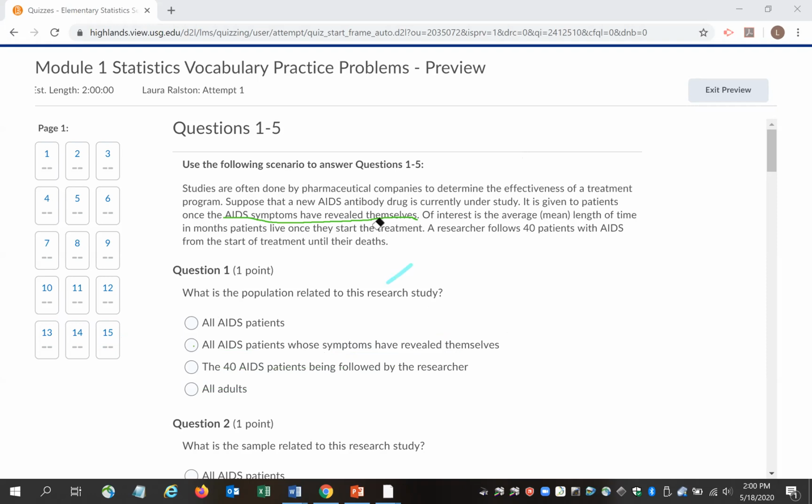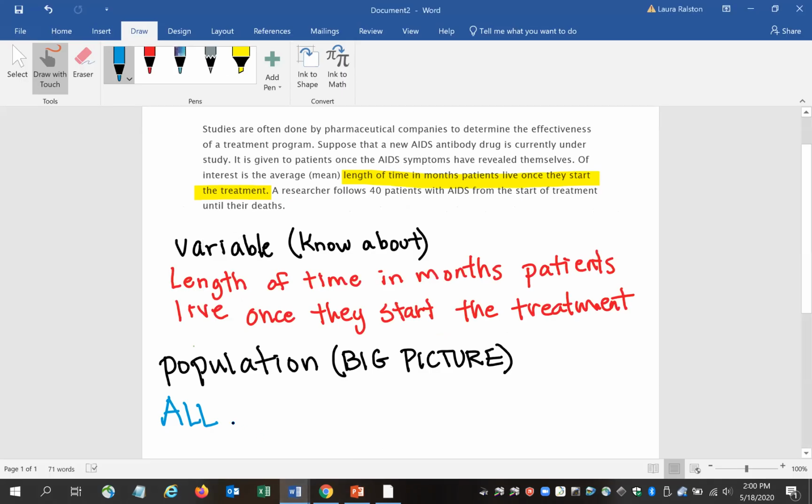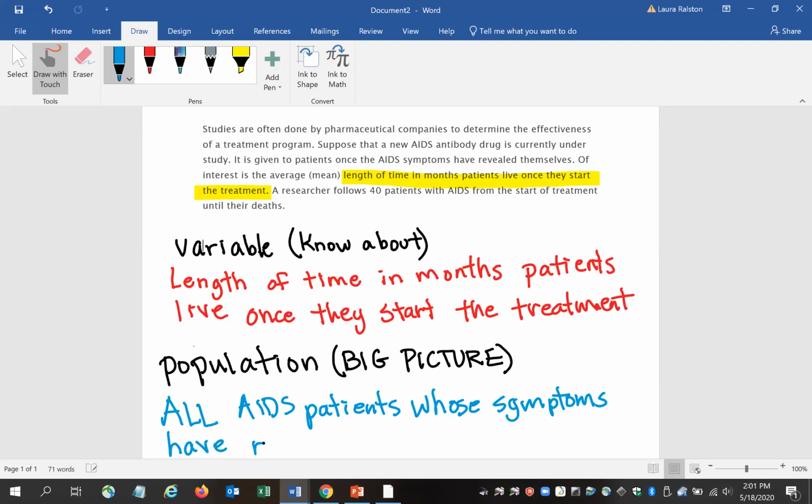Okay, and we're going to say that our population is all AIDS patients whose symptoms have revealed themselves.